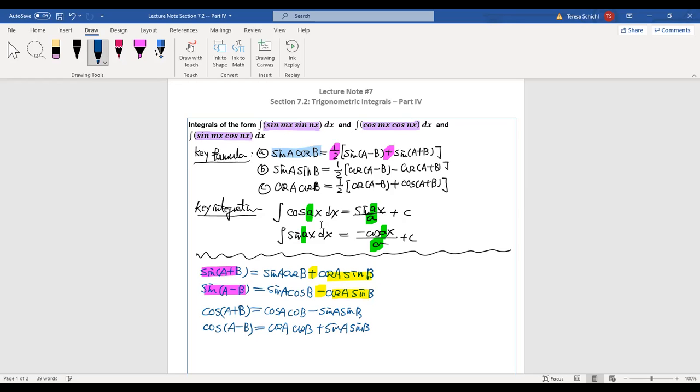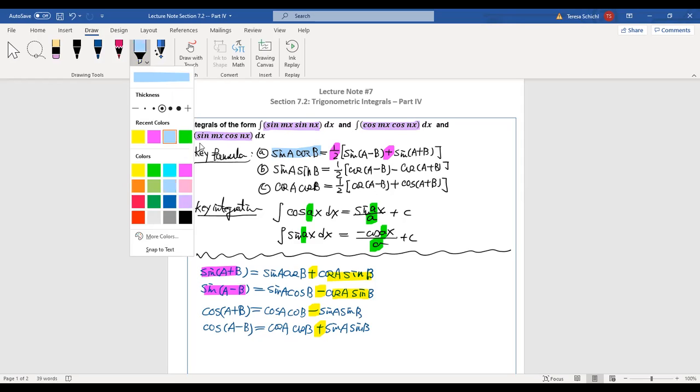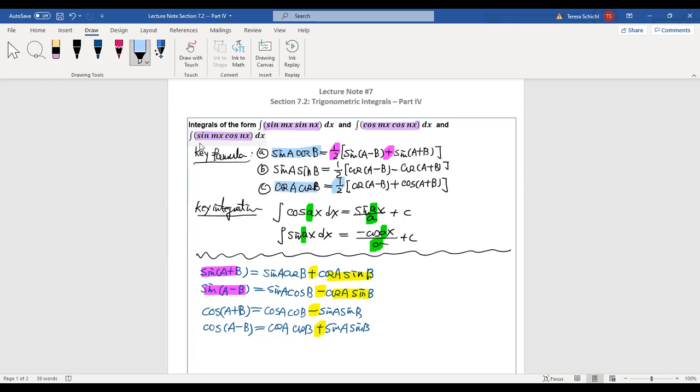Okay, so if I want to find the cosine cosine, just like we talked before, here this is a plus, this is a minus. So when you add, these two cancel. So you have 2 cosine A cosine B here, and that is where you get the 1/2.